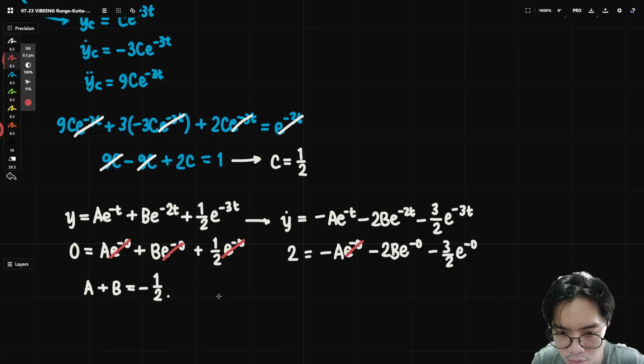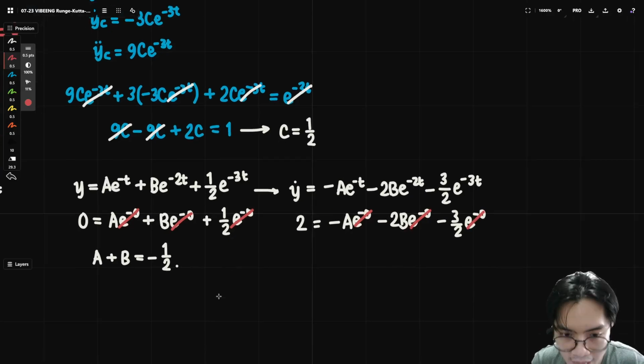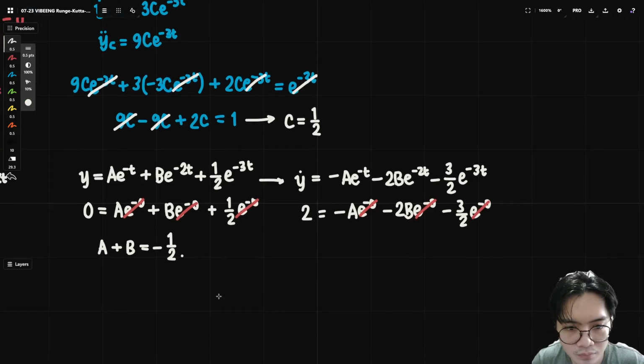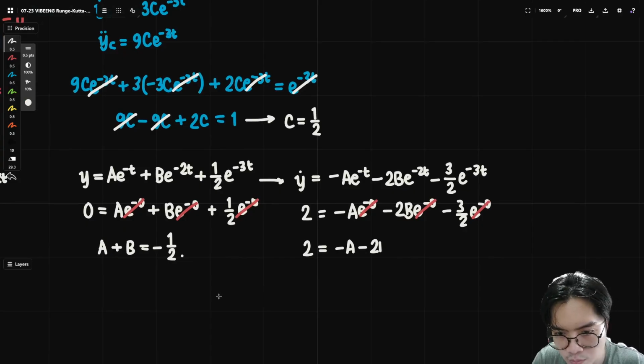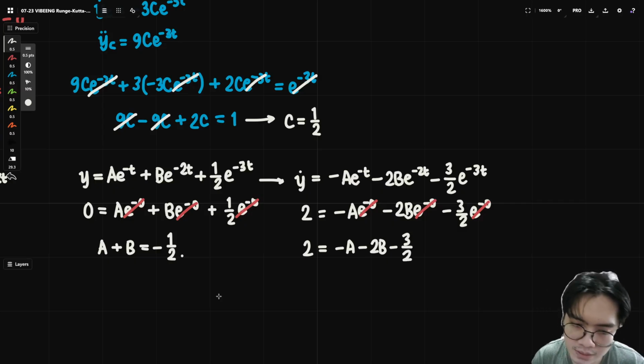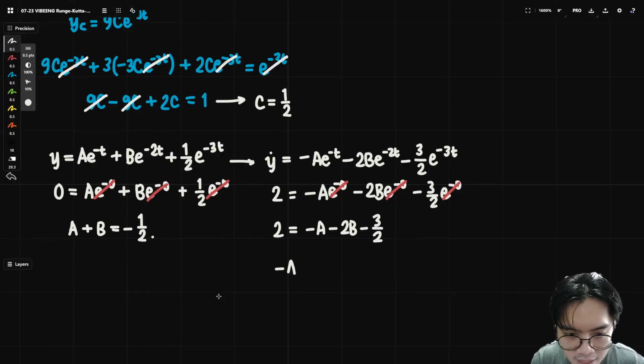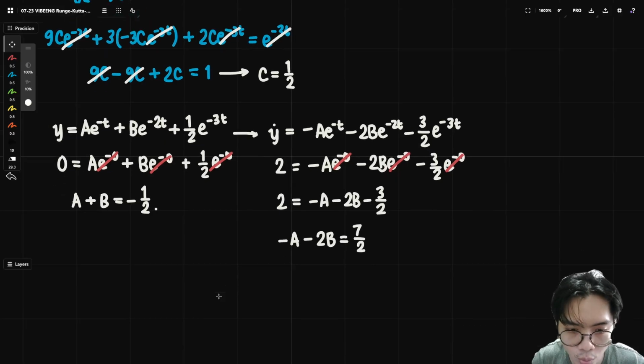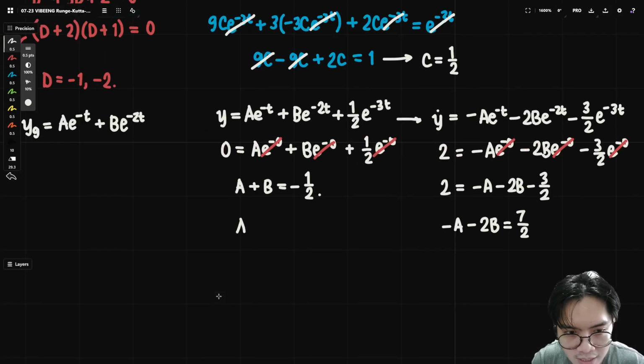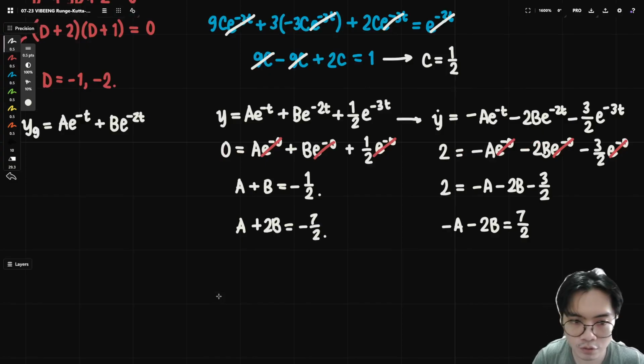So 2 is equal to negative A minus 2B minus 3 halves. Moving it to the other side, negative A minus 2B is equal to 7 over 2, or, to make it faster, A plus 2B is equal to negative 7 over 2.